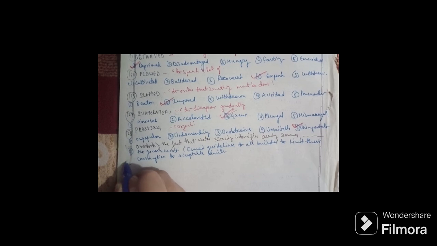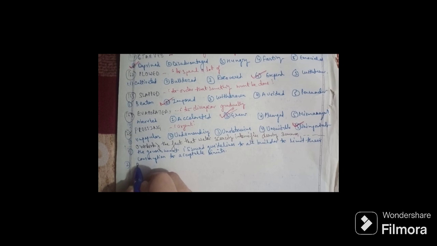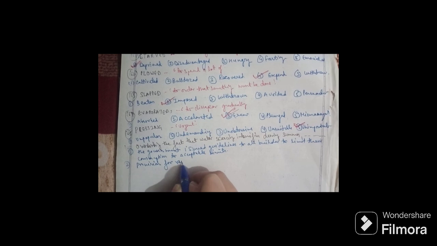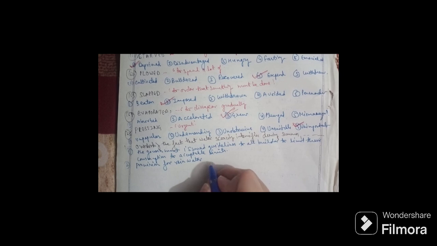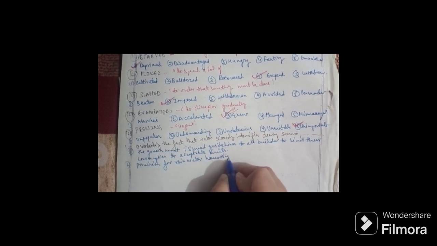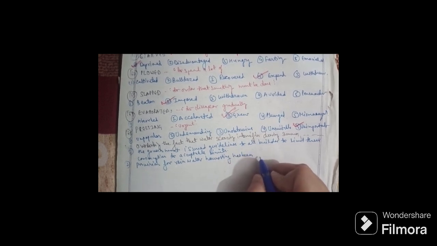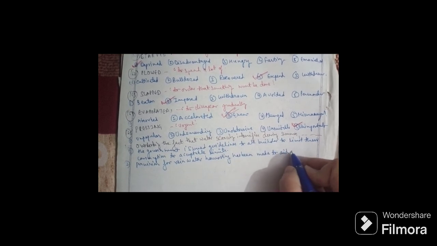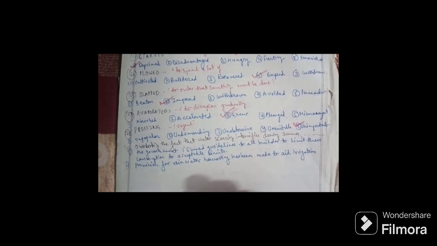The second is, provision for rainwater harvesting has been made to aid irrigation in drought-prone areas.